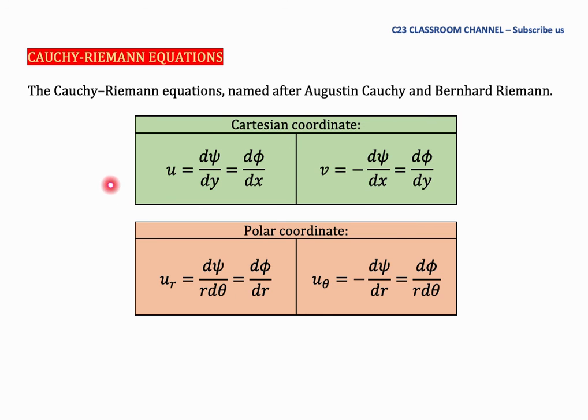So this is a very, very important equation that you need to remember, because almost all the solutions in this chapter are based on the idea of the Cauchy-Riemann equations.